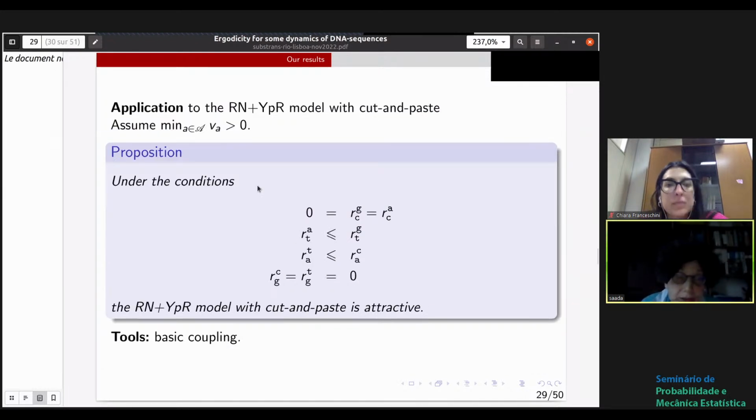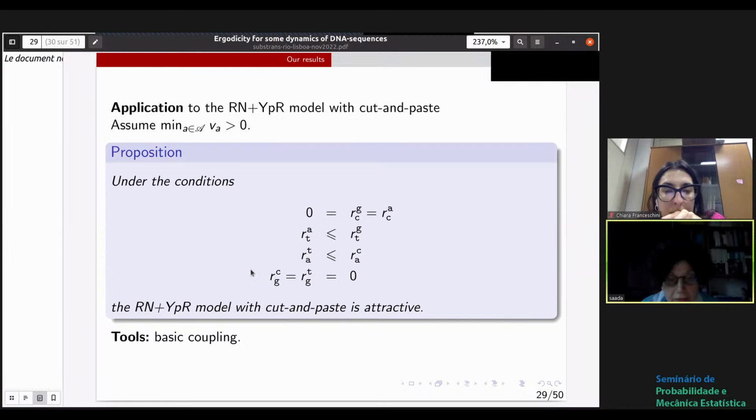And so if we want then to apply it to our model, first we have to prove that our model for substitution is attractive. So how do we prove this? We did prove that under these conditions, the model is attractive.